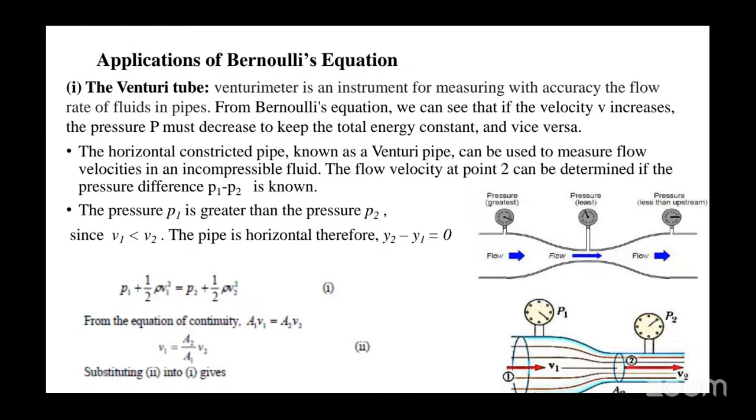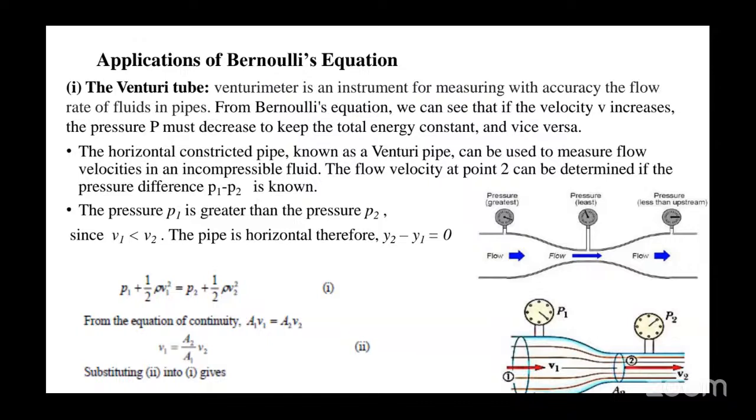Now, it could be asked to determine the speed at which the fluid is flowing in or flowing out. So let's assume that you don't know the speed at which the fluid is entering a pipe, but you are asked to find the speed at which the fluid is flowing out at the other end. We can combine the Venturi tube equation and then the continuity equation to solve for that.